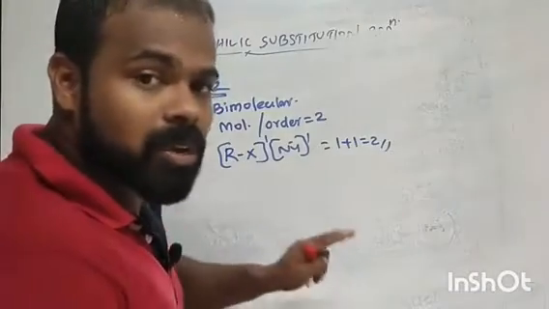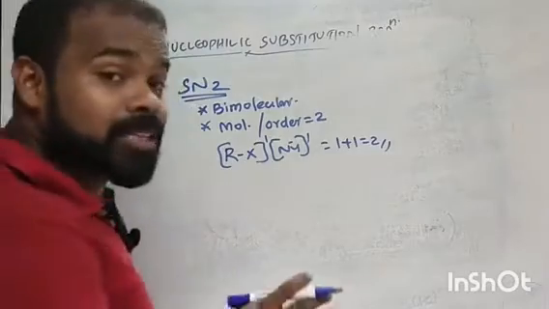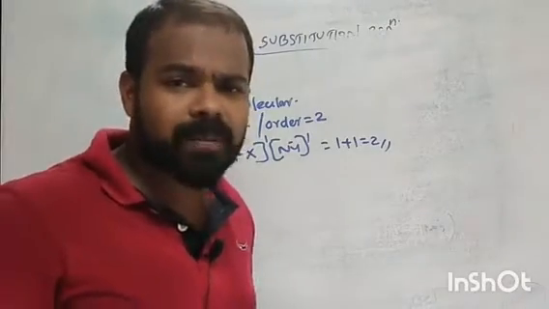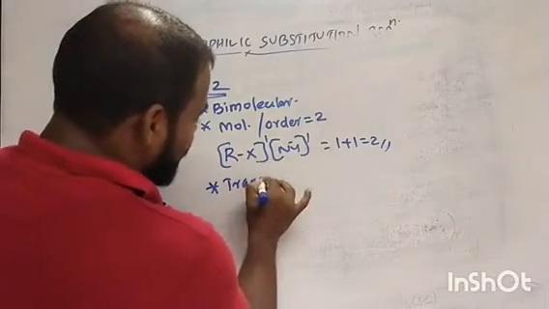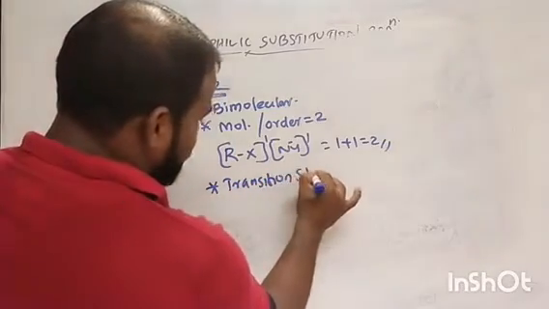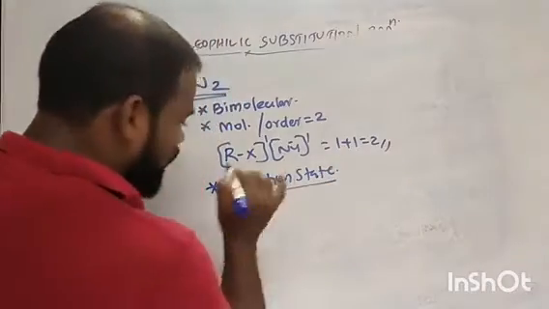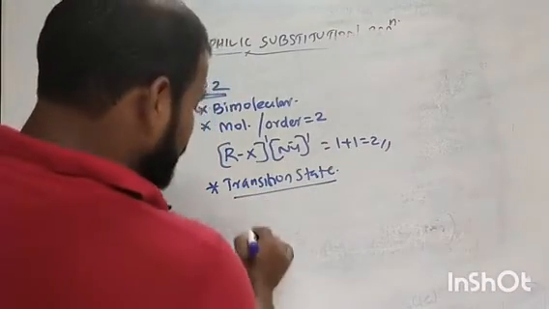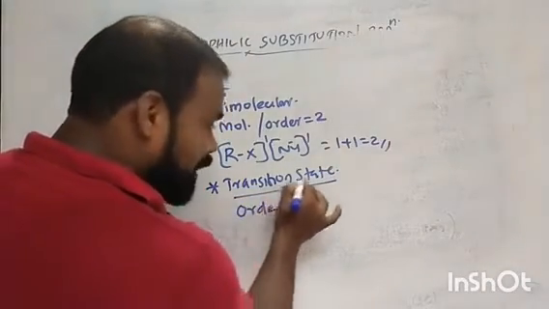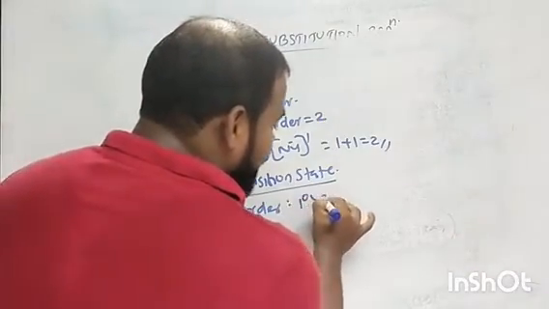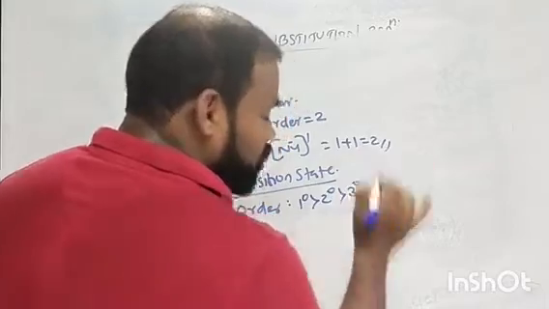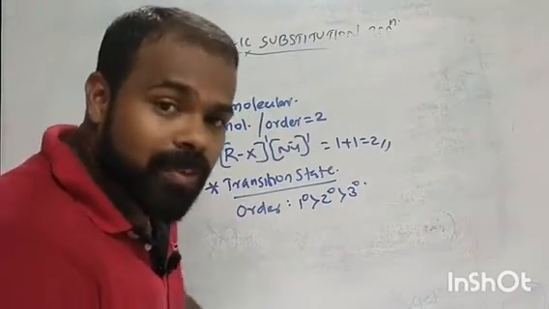Order equal to 2. Reason: here there is no formation of carbocation. Instead of that, there is a formation of a transition state. I will explain what the transition state is. The order is primary greater than secondary greater than tertiary. You may have the doubt why it is like this.